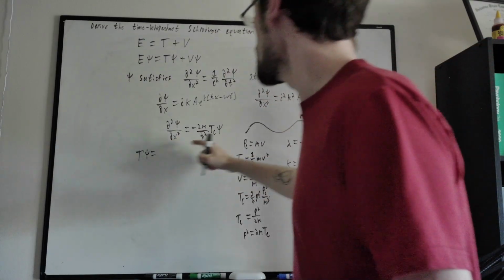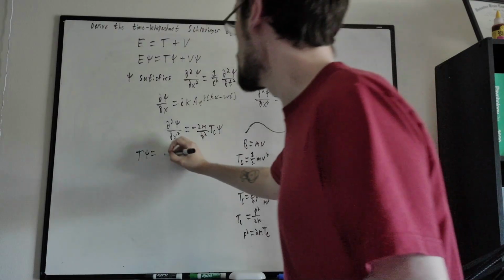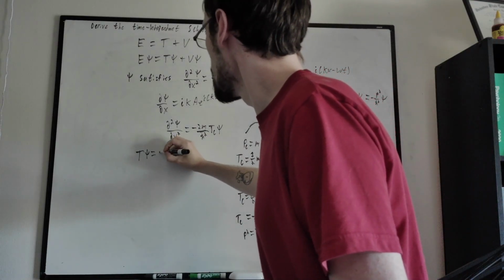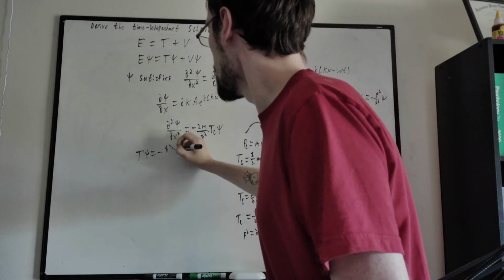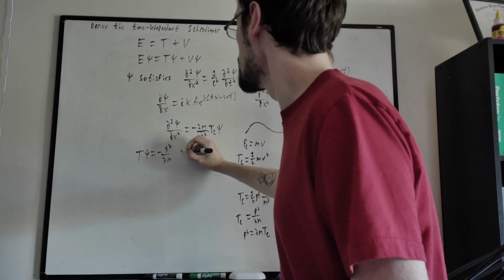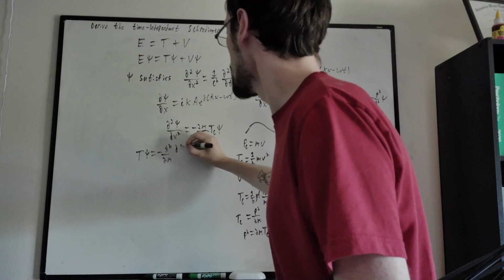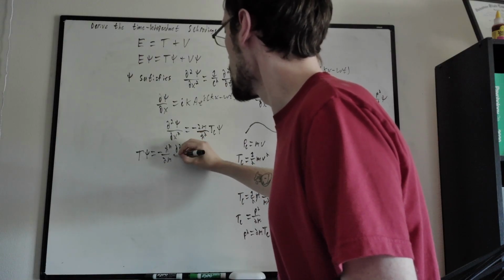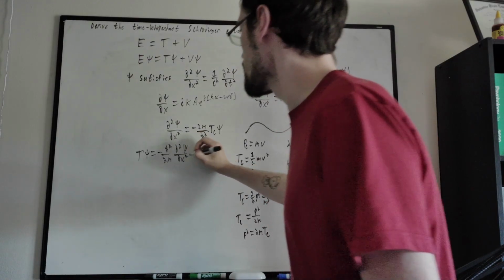We get that the kinetic energy of psi is equal to negative h bar squared over 2m times the second derivative of psi in respect to x.